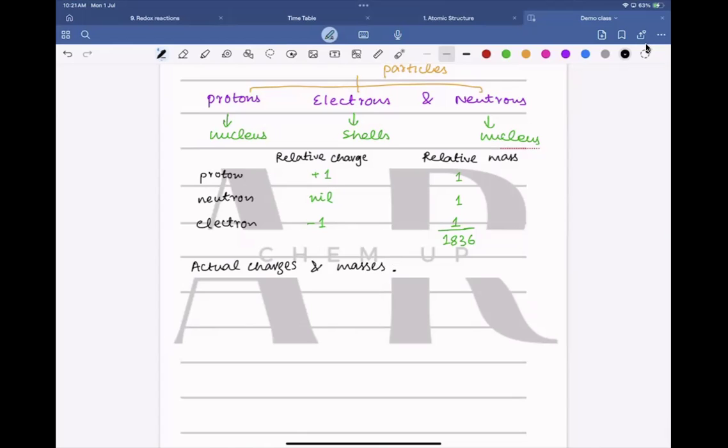It's Coulomb. Coulomb, yes. Okay. And for example, if we are going to take the actual mass, so usually we record the mass in grams or milligrams or in kgs, right? Yes. Okay.